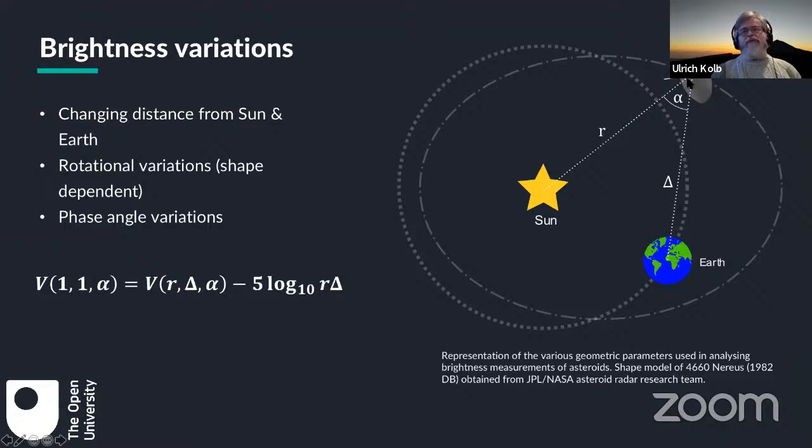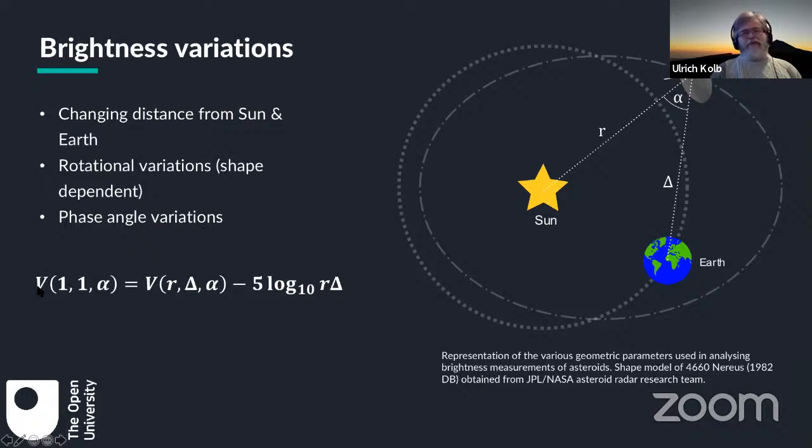And obviously, the further away from either it is, the fainter it will appear. And likewise, the variation of its brightness will also exist if the angle between the sun and the Earth, as seen from the asteroid, changes when both orbit the sun. These are the phase angle variations.